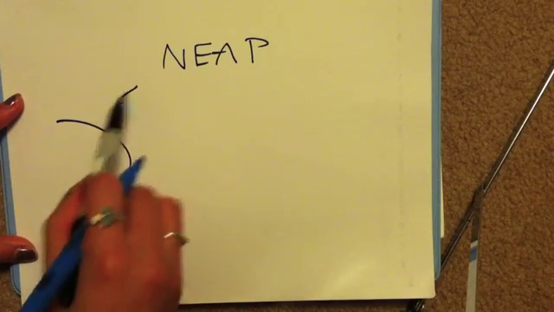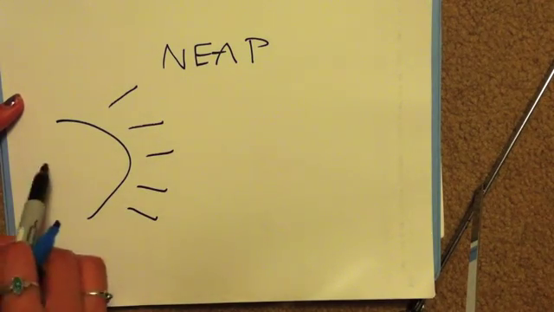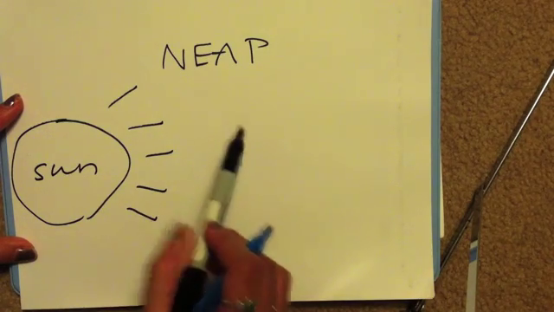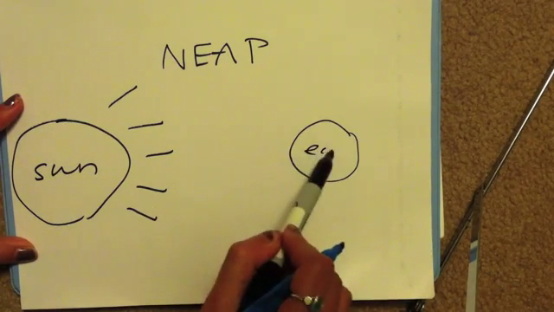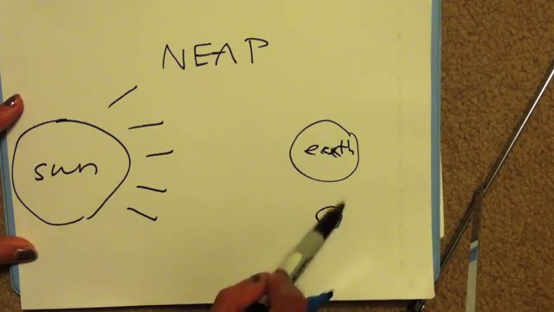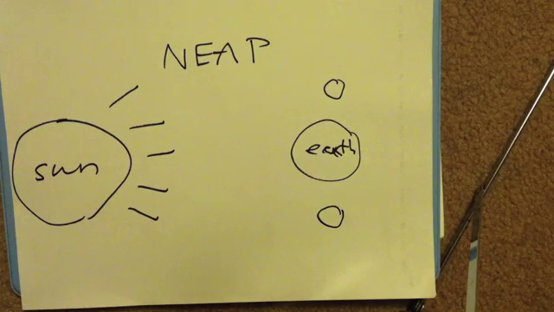Again, you have the sun here, and you have the Earth here. And the moon can either be in the first quarter stage or the third quarter stage. And this is going to be a lot different than the spring tide.